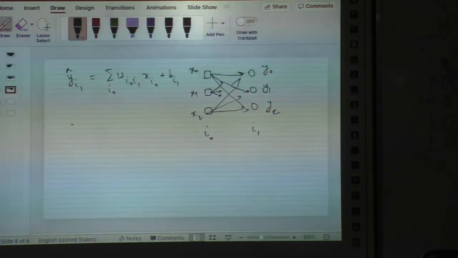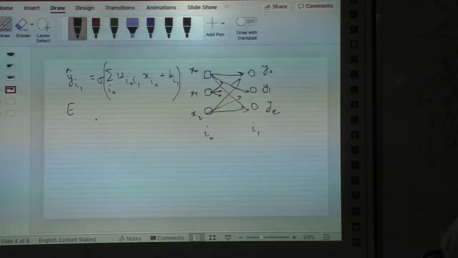I can define my loss function or error function as, and I can put a sigmoid also, if you remember. What is the sigmoid function?